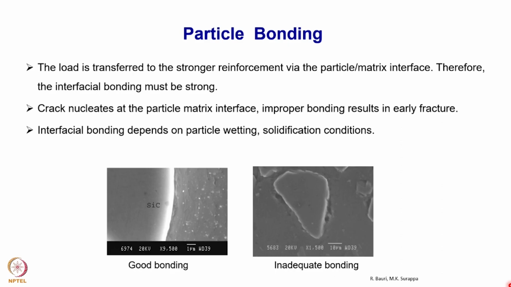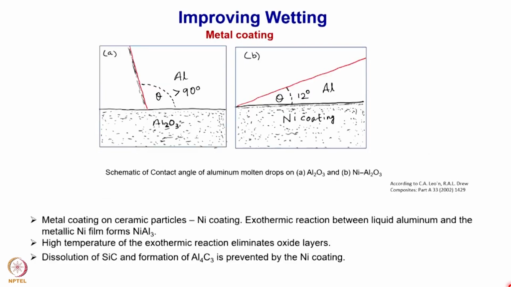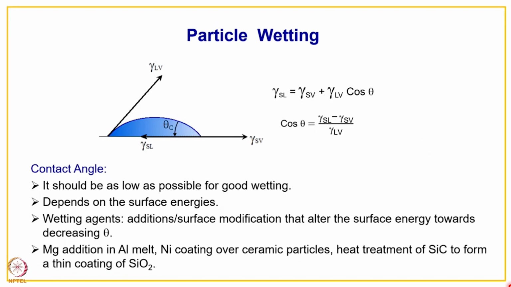So let me quickly summarize what we discussed today. Today we discussed a very important aspect of metal matrix composite, that is the bonding between the reinforcement and the metallic matrix. This essentially depends on the contact angle or the surface energies.